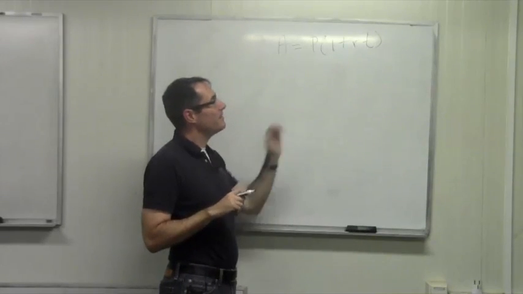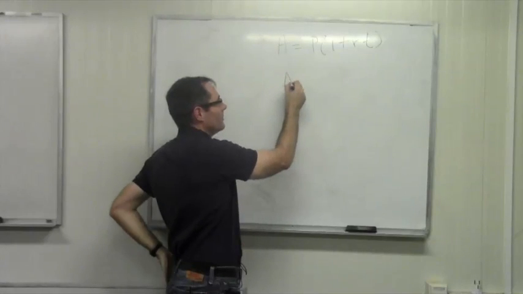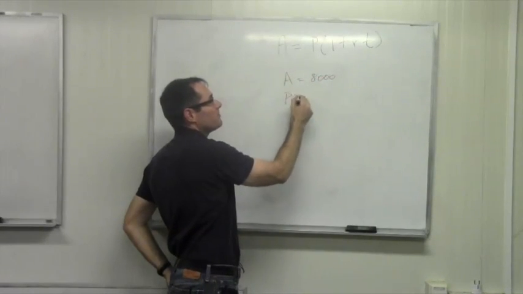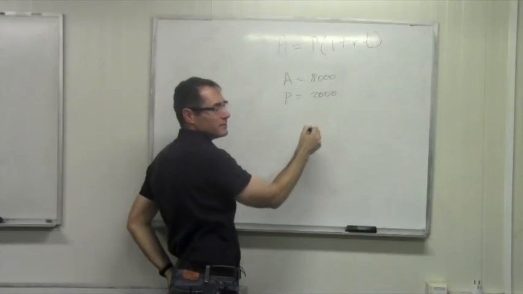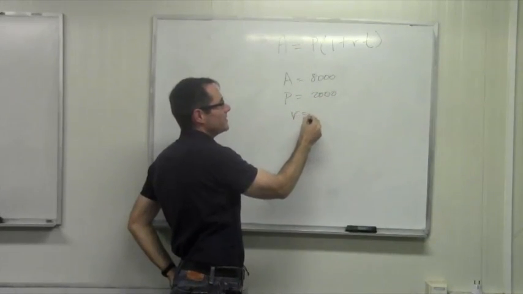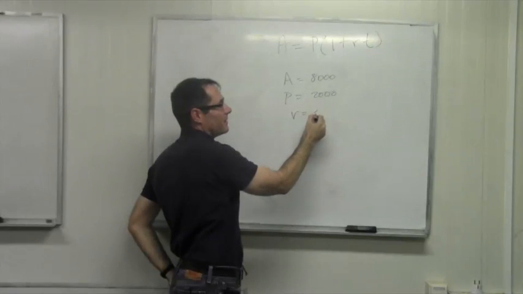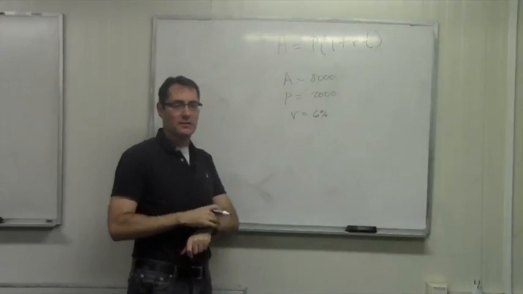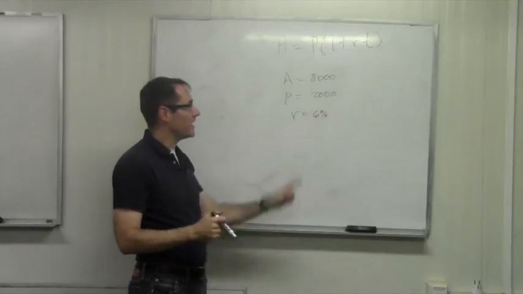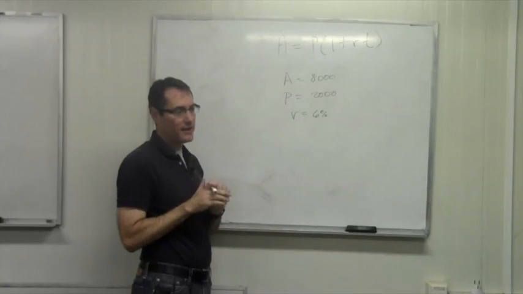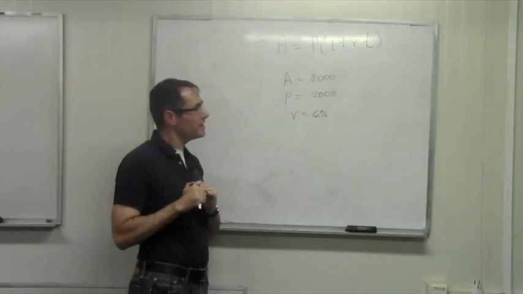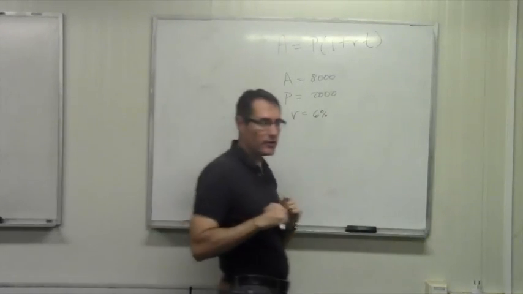But what if I said, you've got a future value of 8,000, your principal was 2,000, and your rate is, I don't know, 6%. How many years is it going to take to get from your principal to your value? Plug it in and solve for t. That's what you need to do.